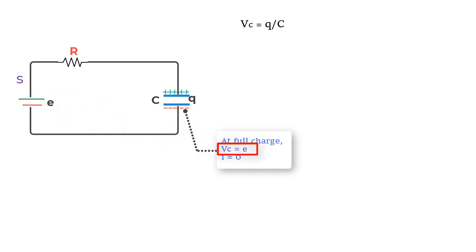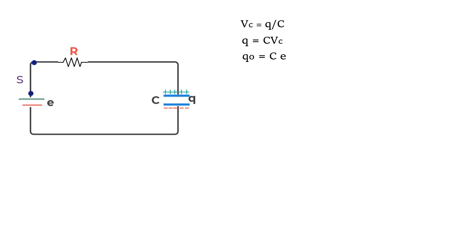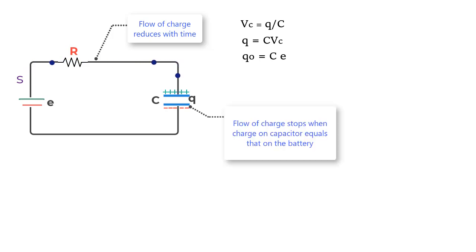And since we know that for capacitors Q equals CV, the final charge on the capacitor, that is when the capacitor is fully charged, should become C times the EMF, and let us say this is Q naught. So you see the charge starts flowing when you close the circuit, but the flow starts falling with time as the capacitor gets charged, because the positive charge that builds up here tends to repel more charge from coming onto the plate and completely stops the flow of the charge when it reaches the same charge as is present on the battery.